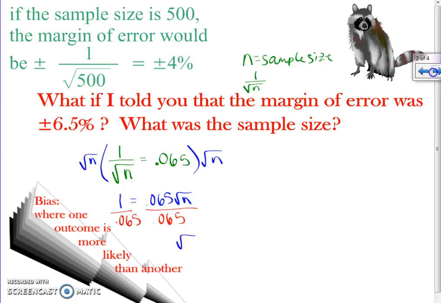So now over here we've got square root of n equals what? And then what's the last step? Not square root it. Square it. Square both sides. So what's that going to be? Our sample size.